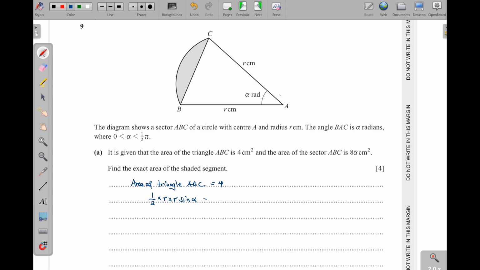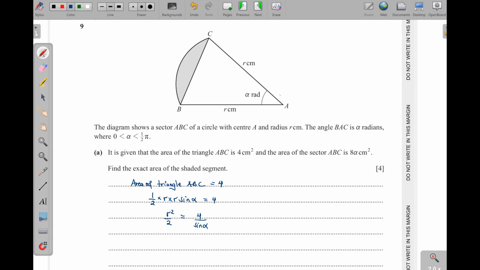Okay, then this one is equal to 4. Now that means I can make r squared over 2 the subject of the formula, this one can be equal to 4 out of sine of alpha.